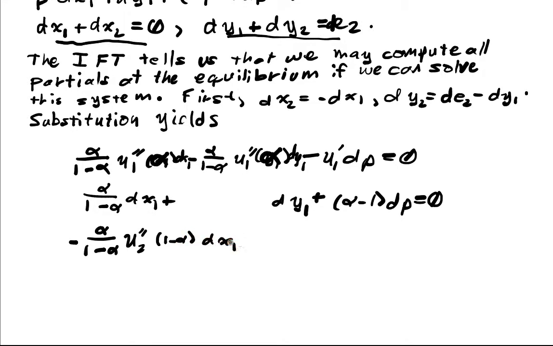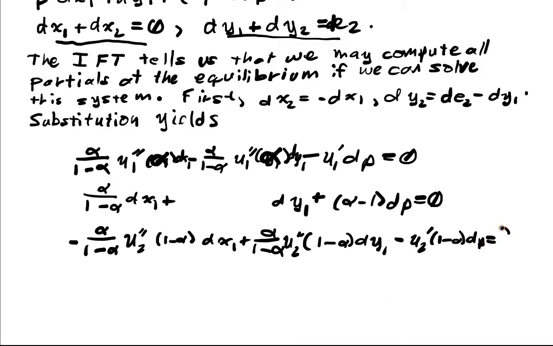I have dx1 plus alpha over 1 minus alpha u2 double prime of 1 minus alpha dy1 minus u2 prime of 1 minus alpha dp, and that's got to be equal to alpha over 1 minus alpha u2 double prime of 1 minus alpha times de2, that little differential. So a little cramped here, but that's the system of equations that you get.